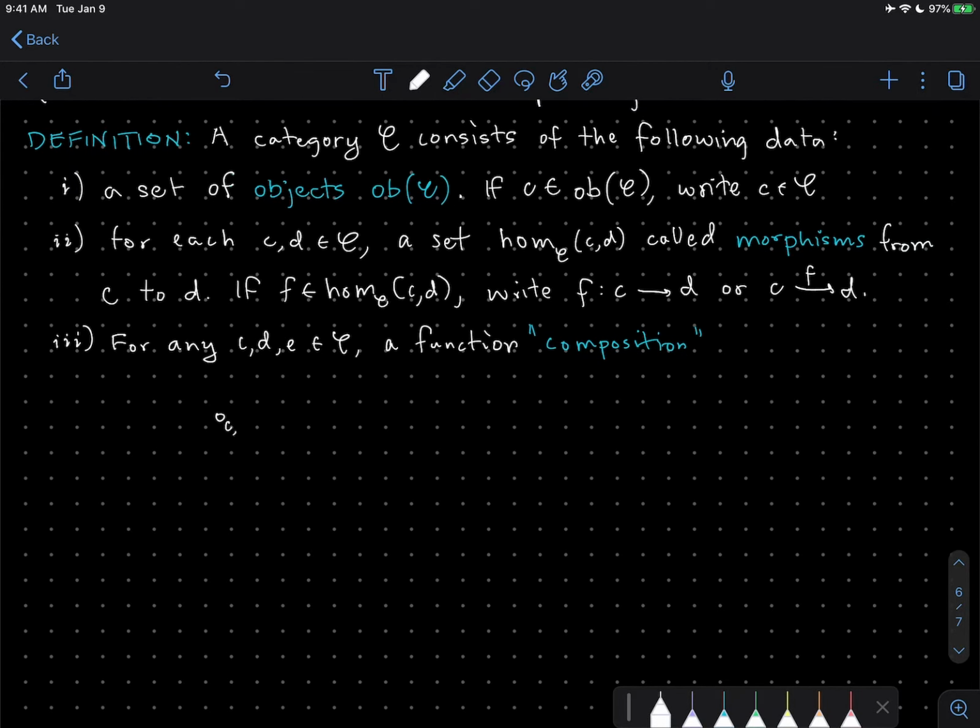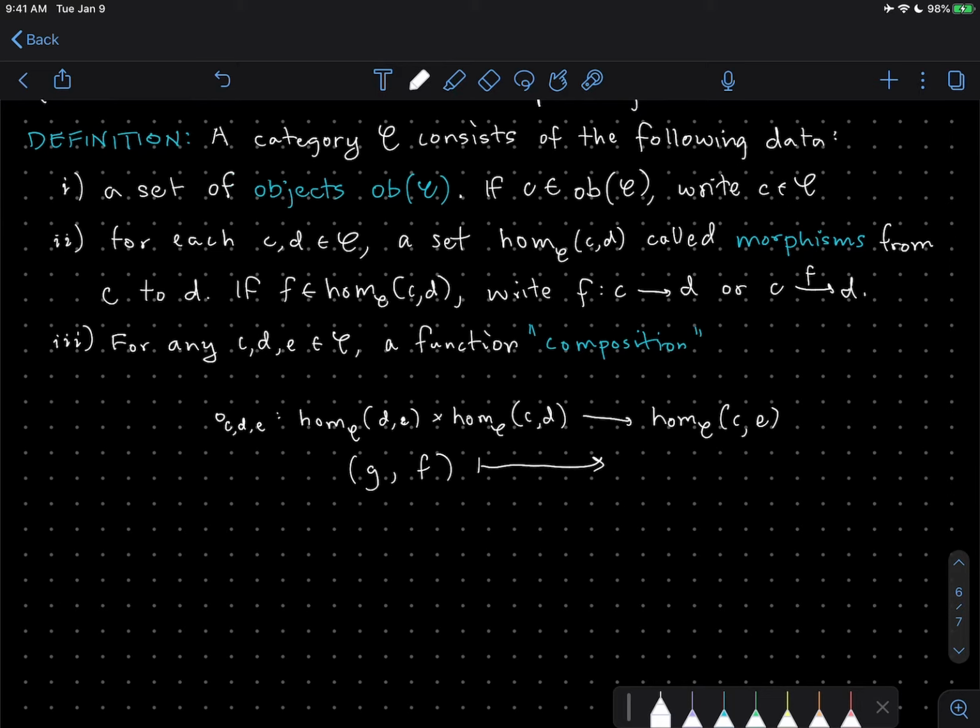Okay, so we have this function circ sub C, D, E, and this is a function that goes from the product of the Hom set from D to E with the Hom set from C to D, and it maps to the Hom set from C to E. And I've written the product in this order just to evoke the natural order of function composition.